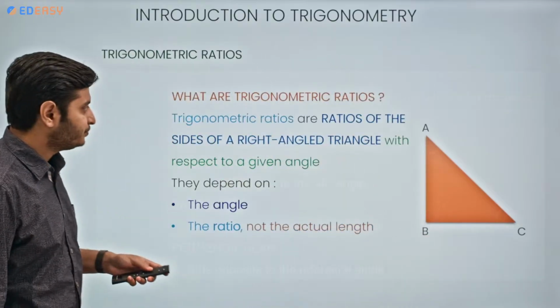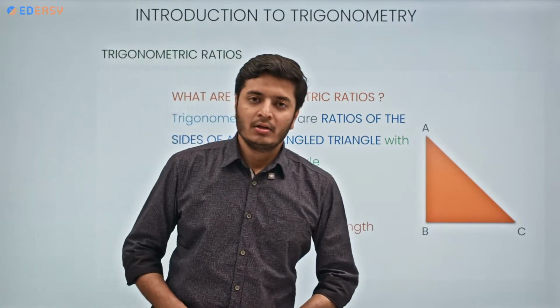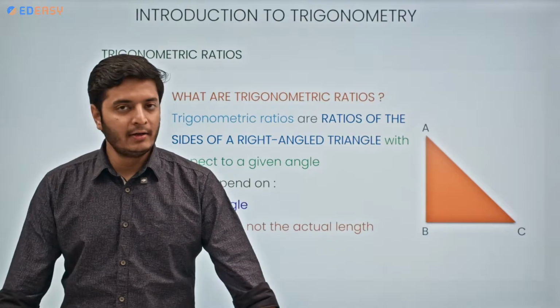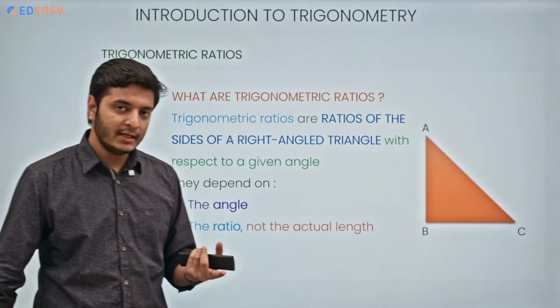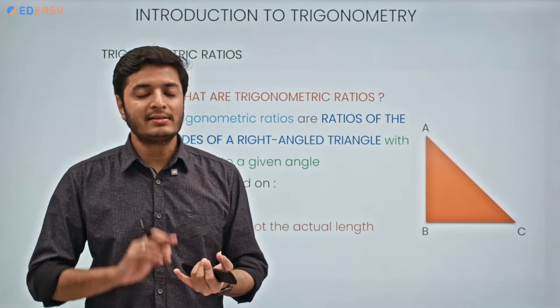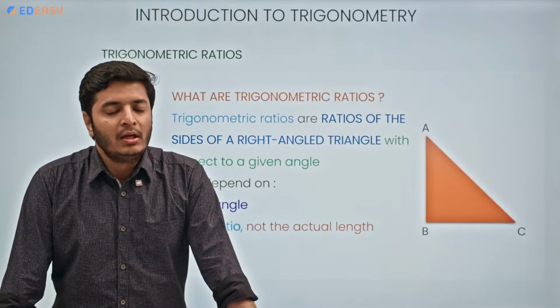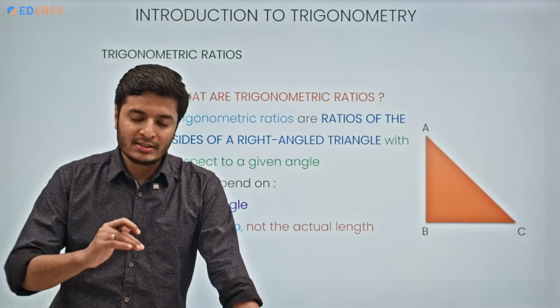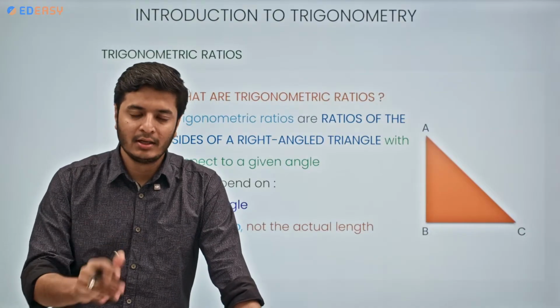Now, what are trigonometric ratios? First thing, when I told you that trigonometry is the study of the relationship between angles and the sides, what does it mean? It means that we are going to establish a relationship between the angle value and the side lengths, correct?